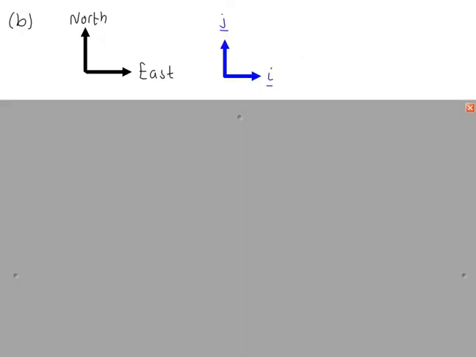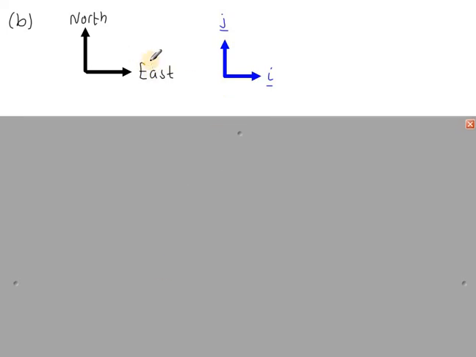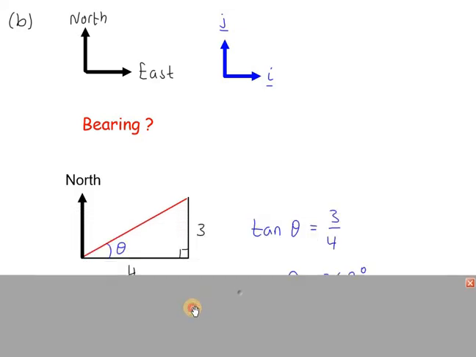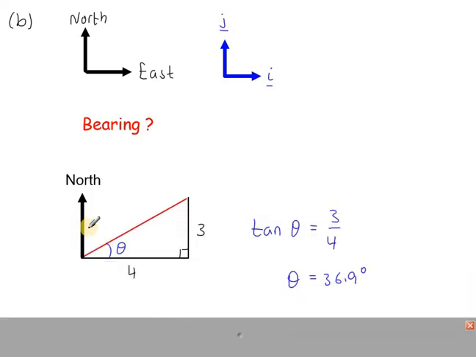Now to work out the bearing of the motion of the particle, so we've got east, we've got north, and they're basically the directions for positive i and positive j. So the bearing will be this angle here, clockwise measured from north. So we need to know what this angle is.